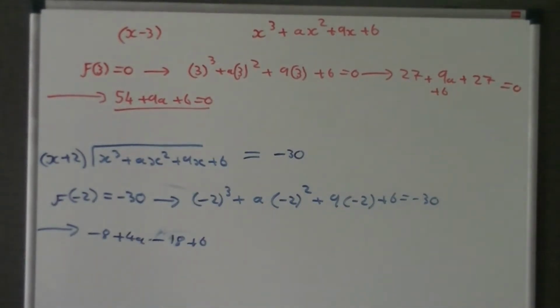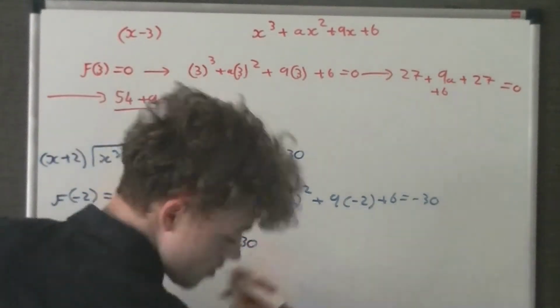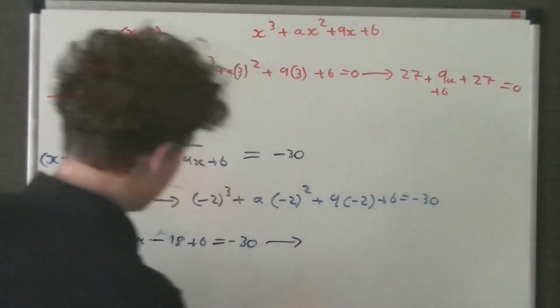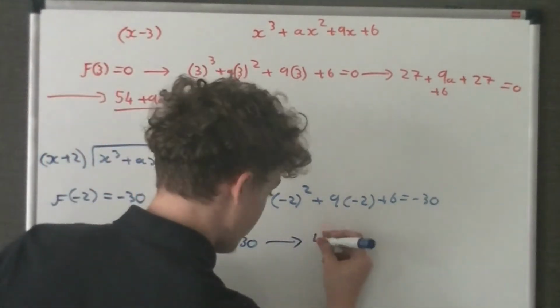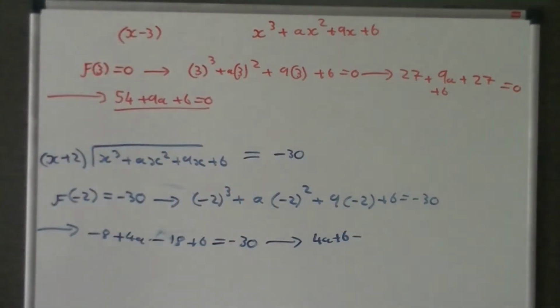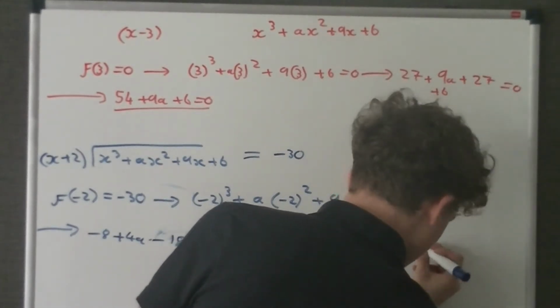Let me check I've got this right. Plus 18. Yeah, so we know that equals minus 30. If we simplify the numbers, it gets us to 4a plus b take away 26 equals negative 30.